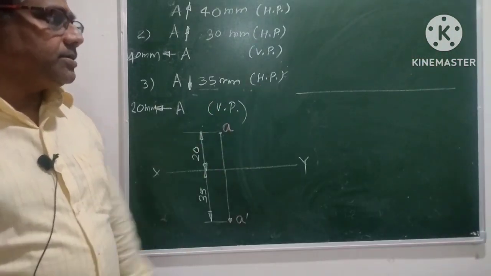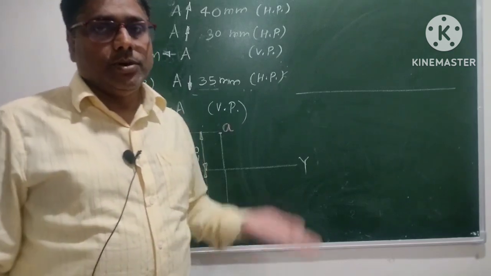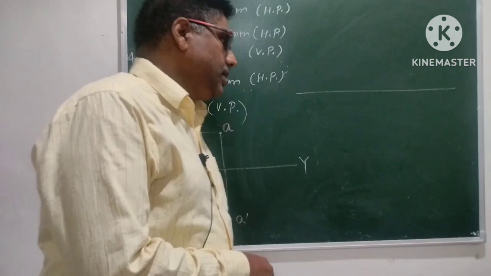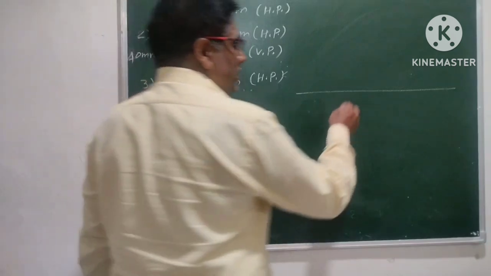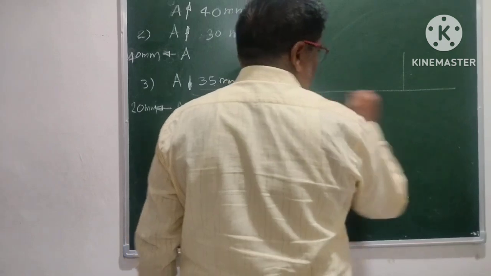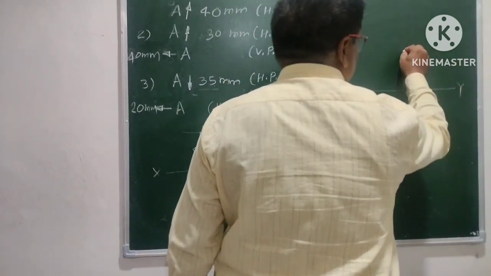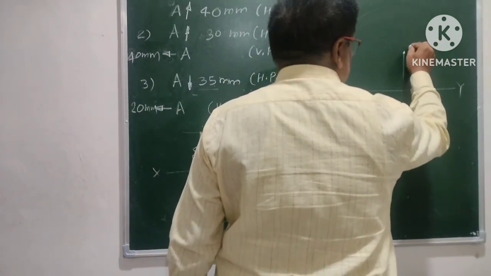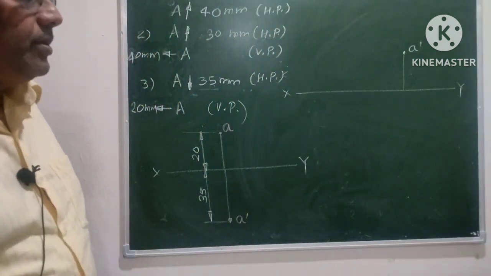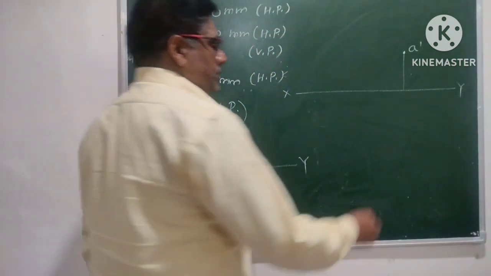See, when the point is in the first quadrant, it is some distance above HP and some distance in front of VP. Therefore, we will get the front view above XY, A dash, and what about the top view? It will be below XY.